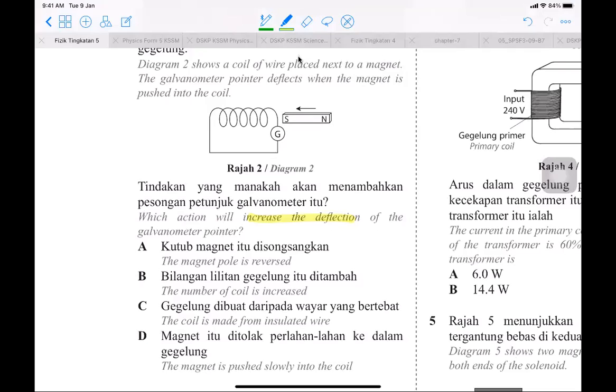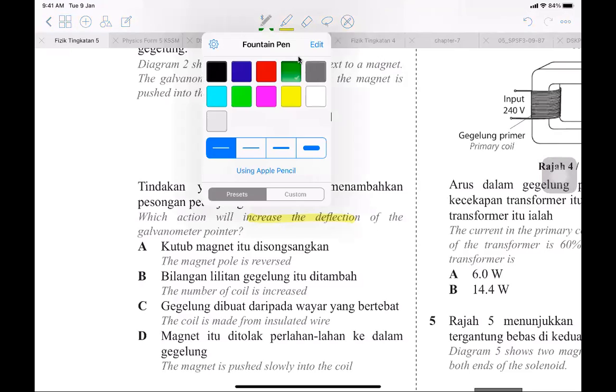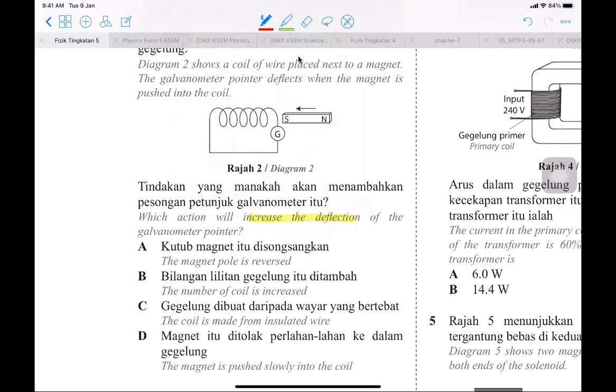The answer should be, for A, the magnet pole is reversed. This has no effect. B, the number of coils is increased. The number of coils, this one is capital N. Increasing it should be the right answer. C, the coil is made from insulated wire.